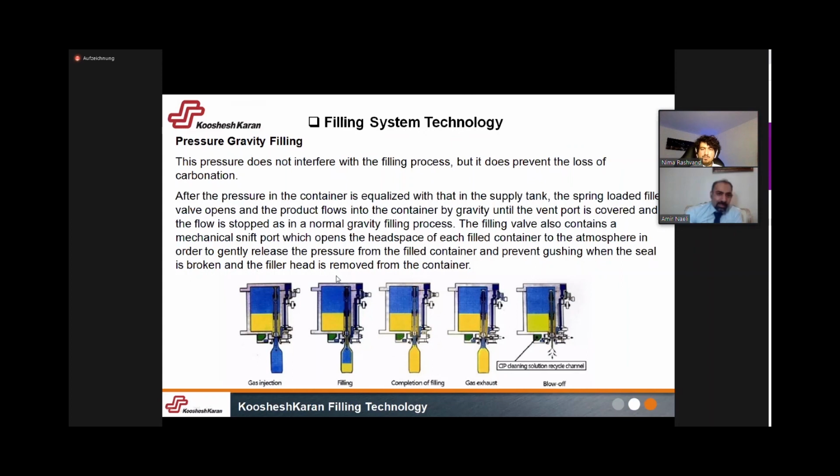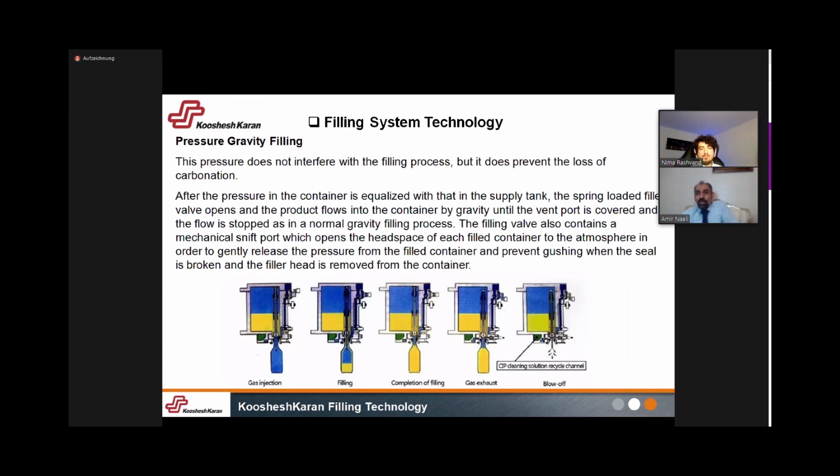Is that the difference between gravity and isobaric? Because when you fill, when the container and the supply tank are at the same pressure, the pressure is around 4 bar, and after the filling you must release it to the atmosphere.